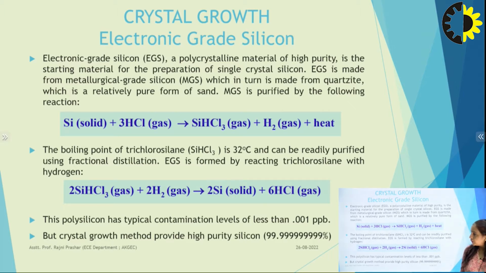In the second equation we can see that trichlorosilane gas is reacted with hydrogen gas, so that we get a solid form of silicon which is pure and free from impurities, and HCl gas as a residual. This polysilicon has a typical contamination level of less than 0.001 parts per billion, and this method provides very highly pure silicon, which is 99.99% pure.